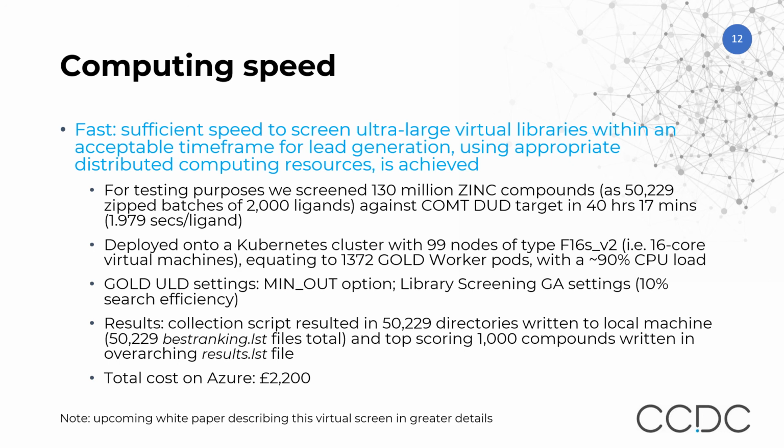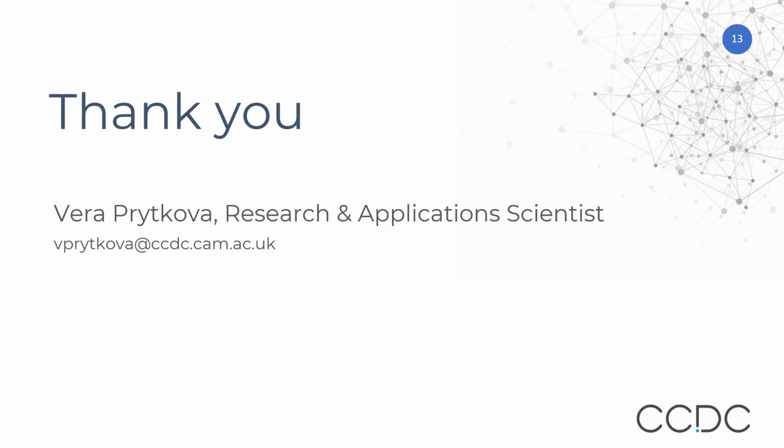Finally, in terms of the collection of results, we obtained just over 50,000 temp directories, each of which containing the best ranking list and as expected the overarching results file of top scoring 1000 compounds written in results list. We ran this on Azure and the total cost was just over £2,000. We're going to have a white paper coming out describing this virtual screen in more detail. With this, I would like to thank you for your attention.